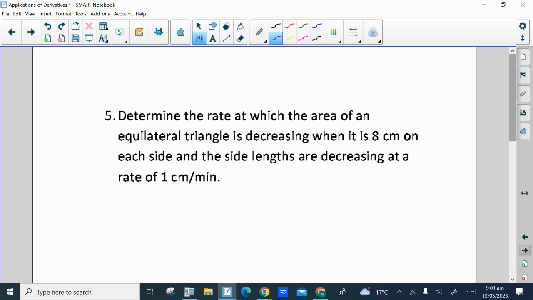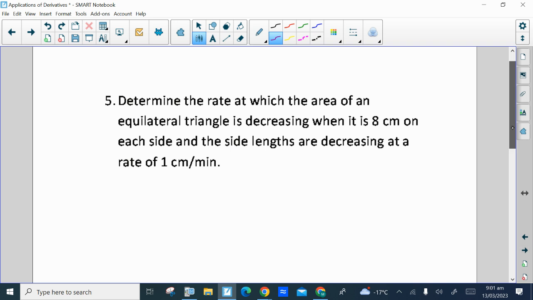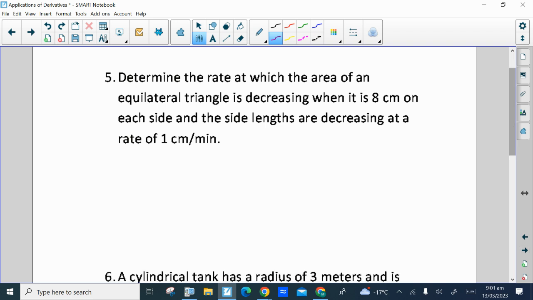Number 5 says determine the rate at which the area of an equilateral triangle is decreasing when it is 8 centimeters on each side and the side lengths are decreasing at a rate of 1 centimeter per minute. So we have an equilateral triangle, which is a triangle where all 3 sides have the same length.